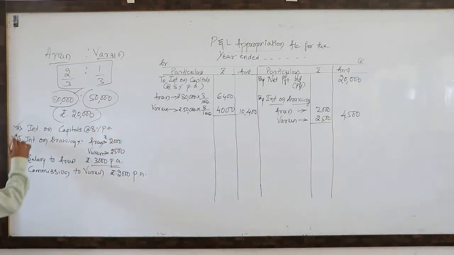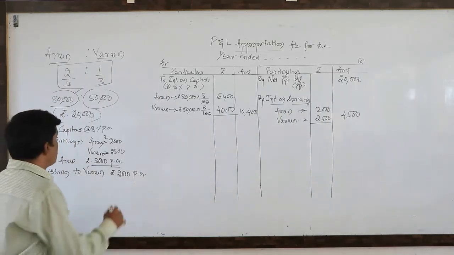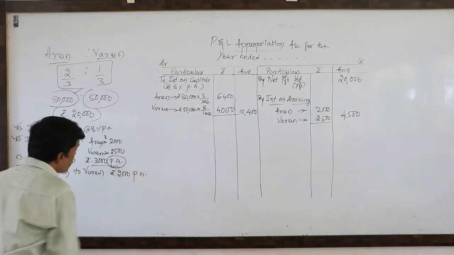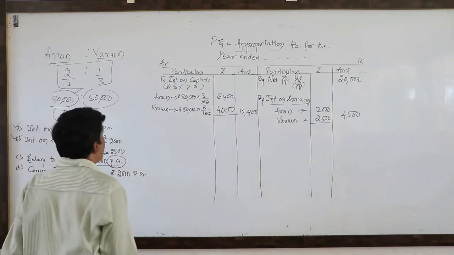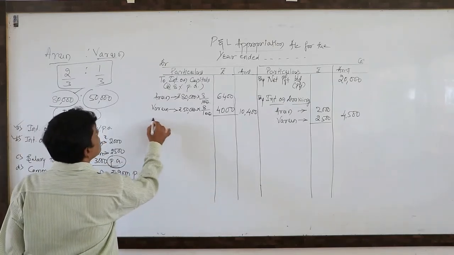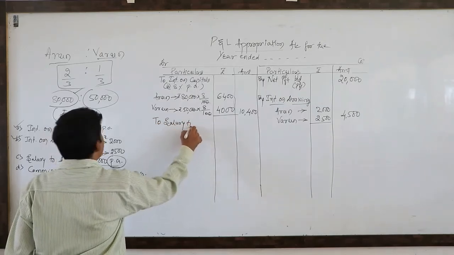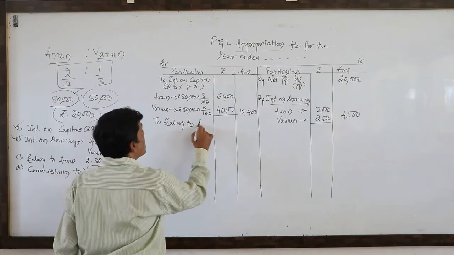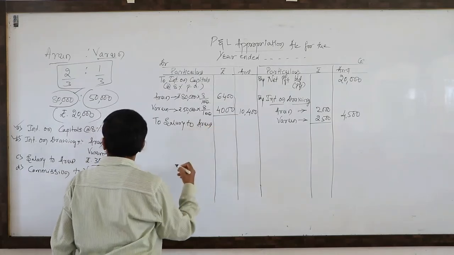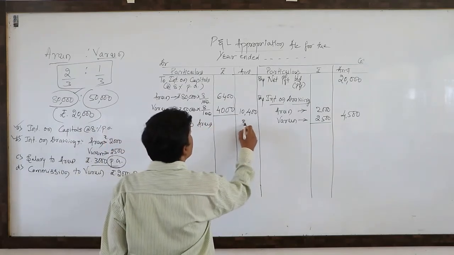So here I have considered two points: interest on capital, and interest on drawings which I have already taken. Salary to Arun per annum, the very important point is per annum. It means it is the annual salary to partner Arun of rupees 3,000.